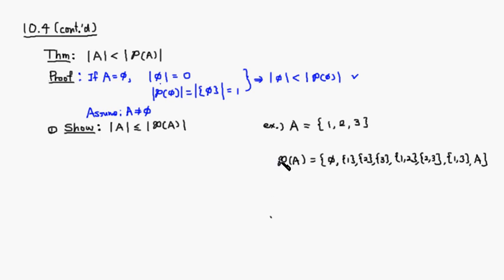All right, so it's probably good to look at a small example to get some idea. Let's say A is a finite set with 1, 2, and 3 in it.